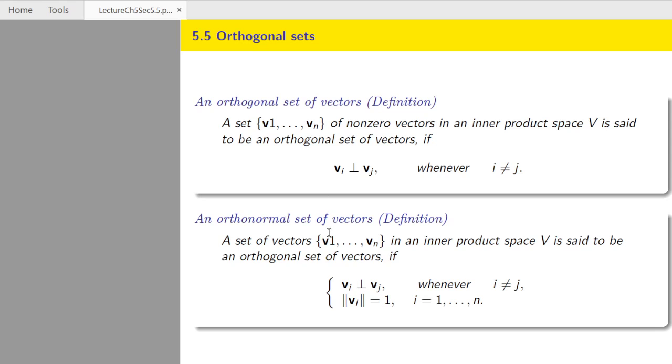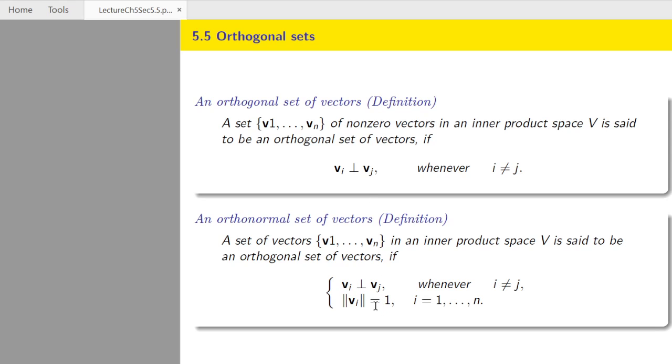Let's compare these two definitions. For the first definition about orthogonal sets, we assume each of the vectors is non-zero.